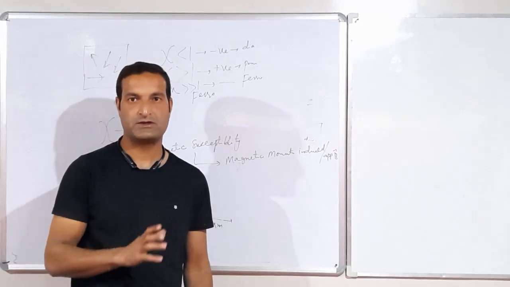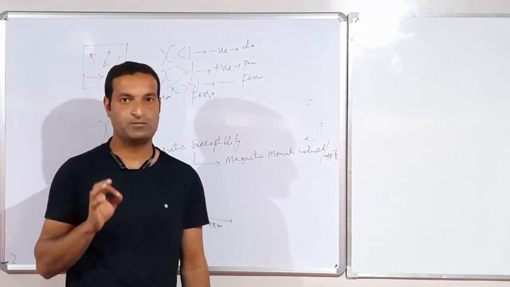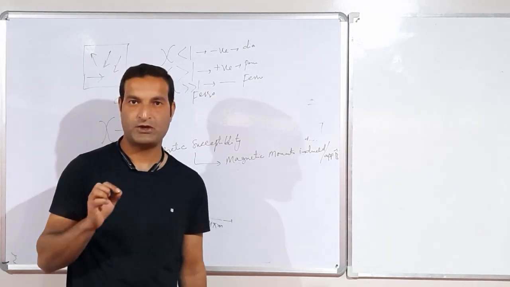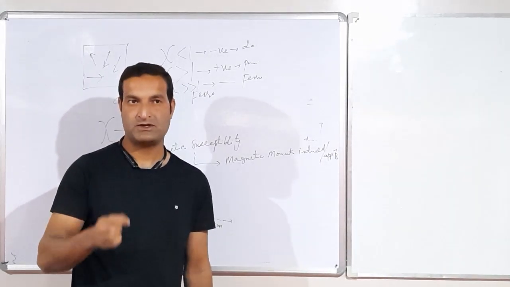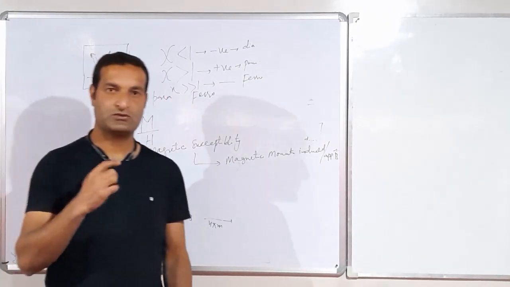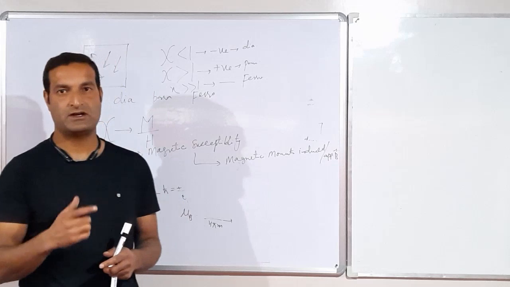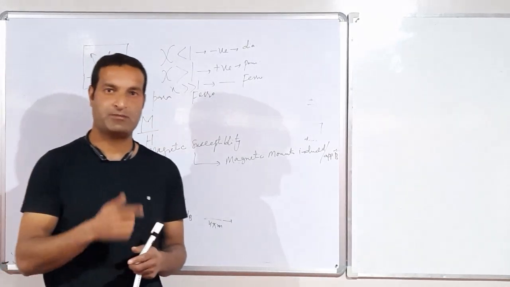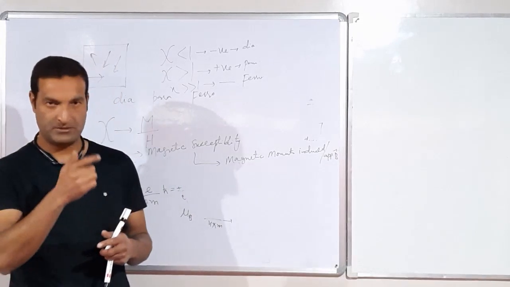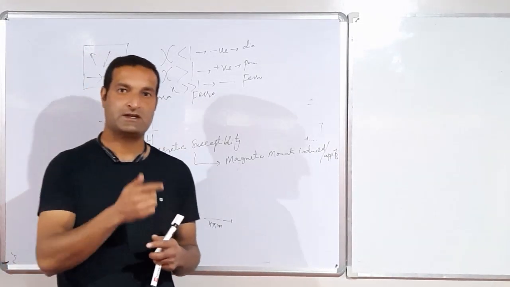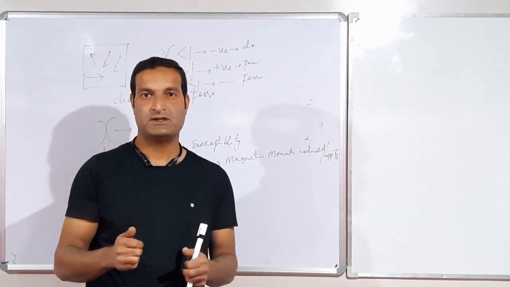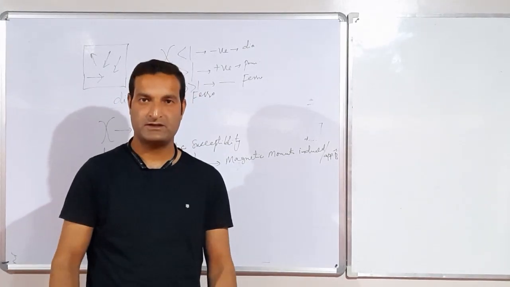The main contribution is due to the spinning of the electrons, because ferromagnetic materials are like iron, cobalt, and nickel. In these materials there are unpaired electrons present. Due to these unpaired electrons, there is a net magnetization present within the material, even in the absence of a magnetic field.